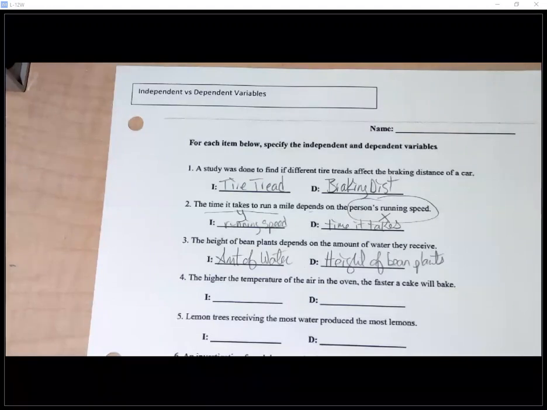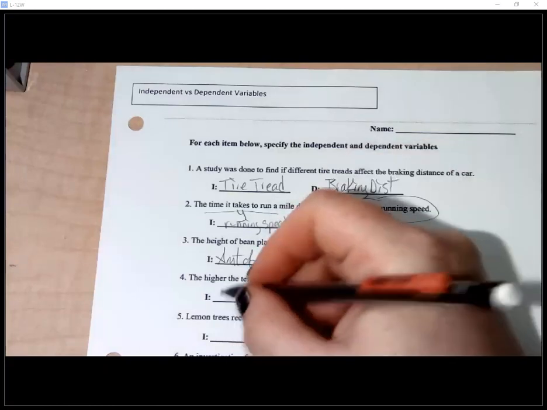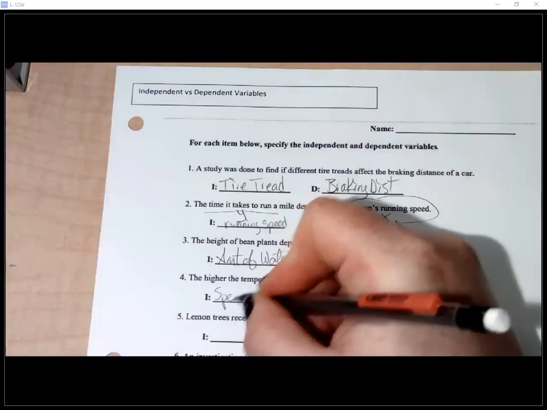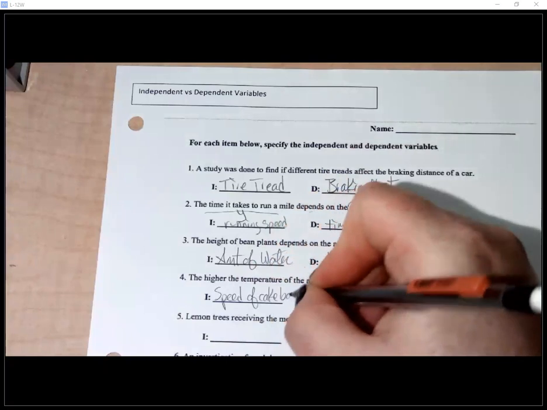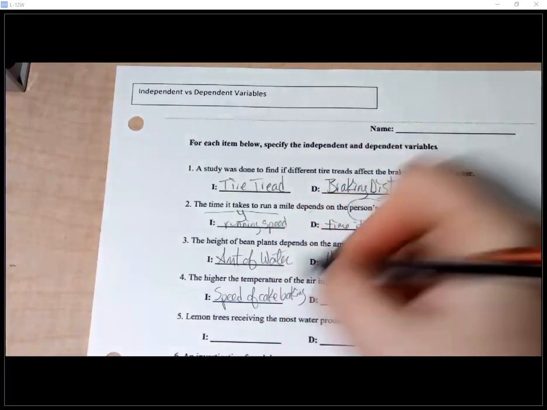Doesn't that one make way more sense? Wouldn't the speed at which the cake bakes depend on how hot the air is? Are you with me? Yes. So the speed of the cake baking would be your independent variable. Oh, wait, did I just mess that up?